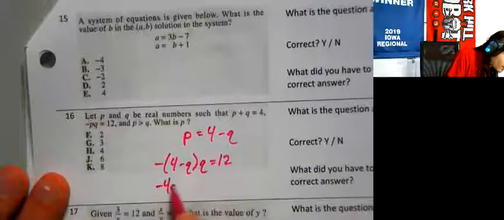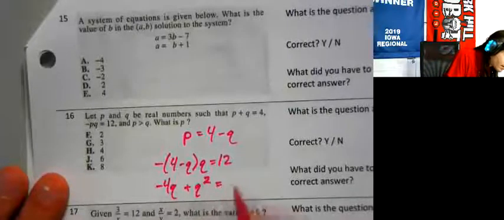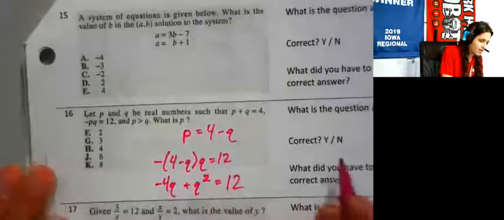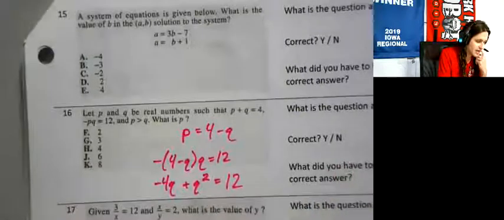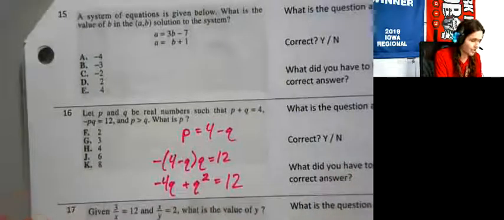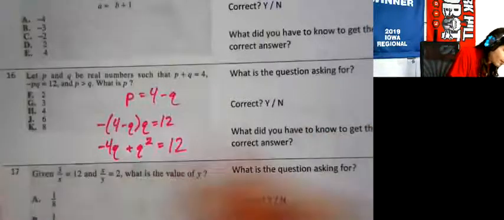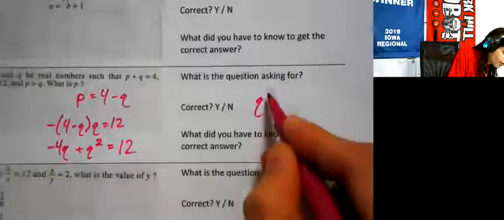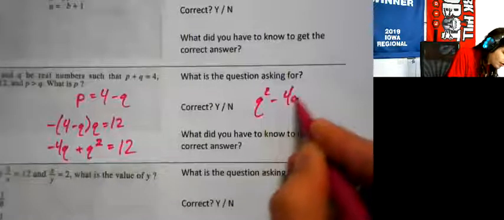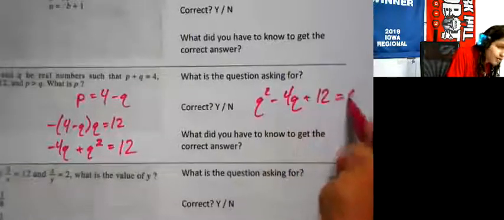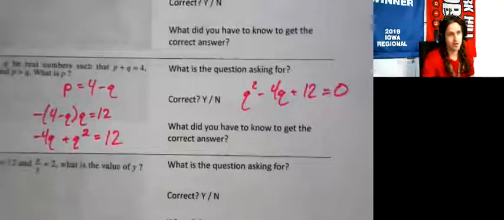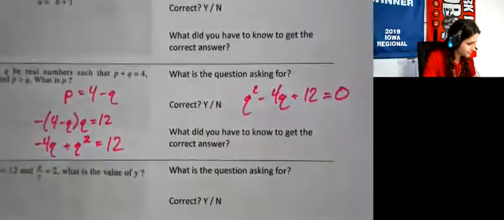Negative 4Q plus Q squared is 12. You set up and solve this thing for Q, and you can go back and solve for P. So we've got the setup for you here. The last step would involve, what? Q squared minus 4Q plus 12 is 0. You can go back and solve for Q and get the answer here.